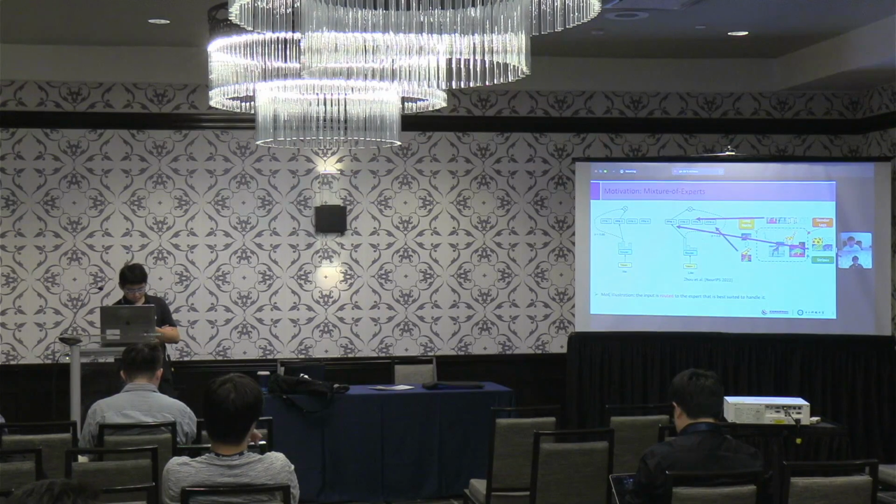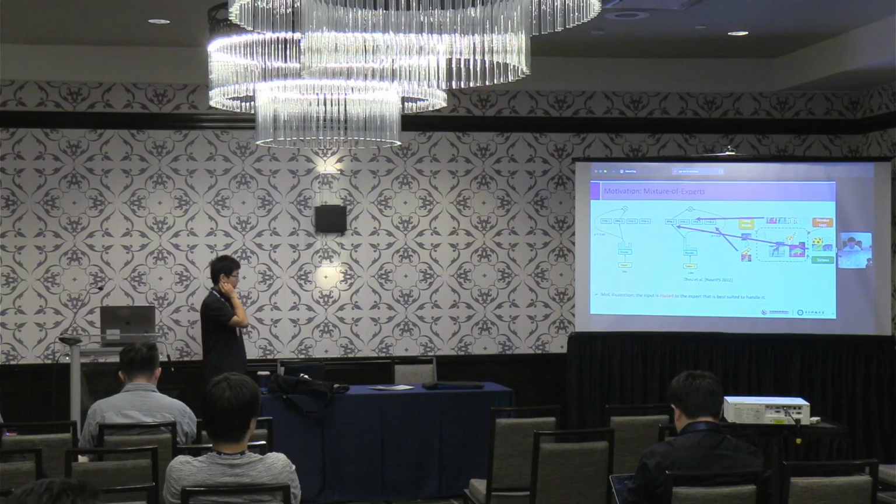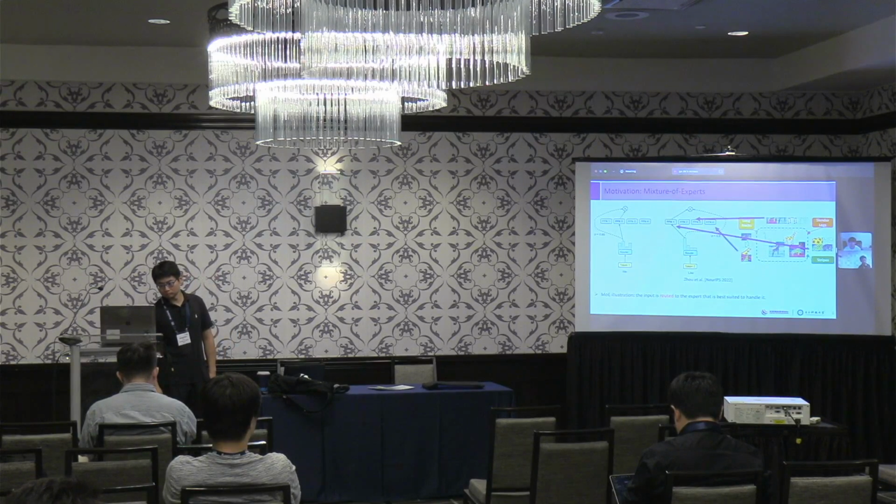We know that mixture of experts is often used in the field of natural language processing, and nowadays large language models are very popular. MoE is often used in large language models, so many large models now utilize the MoE architecture, and researchers frequently regard it as an architecture capable of handling different types of data.